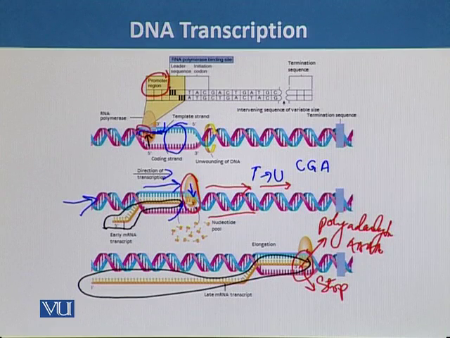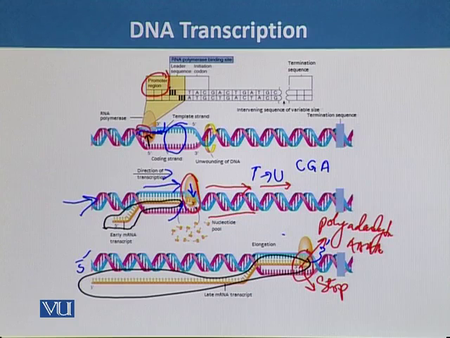And all this transcription will be carried out in the 5' to 3' direction, because our RNA polymerase can only transcribe in this direction, and an RNA primer is not required.